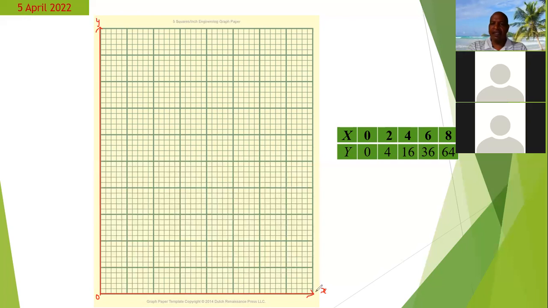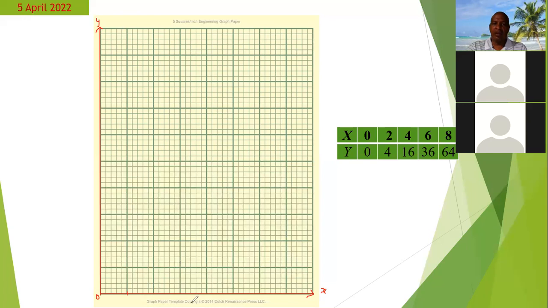Now, the fact that this one lands on the edge of the graph paper, we could put it there if we want, no problem. So we could now label this axis using a scale of 1 centimeter equal 1 unit on the x.